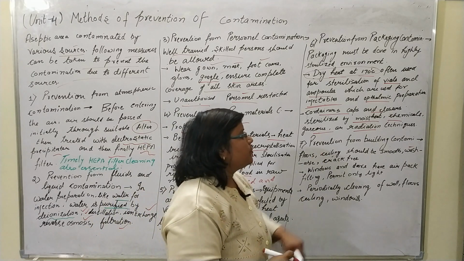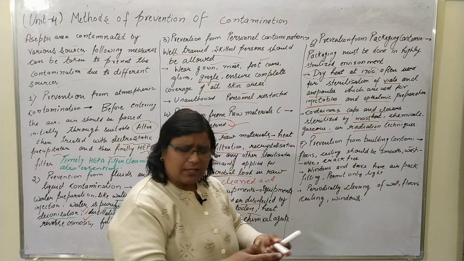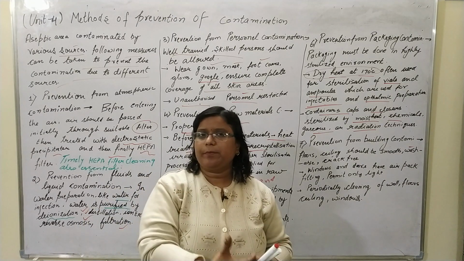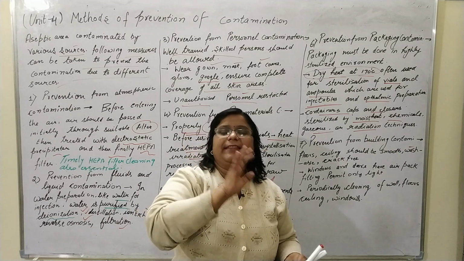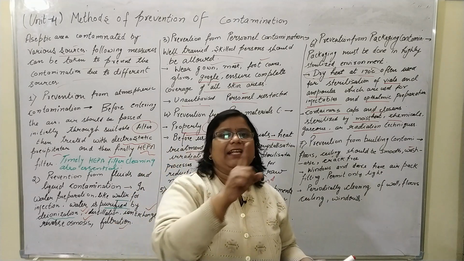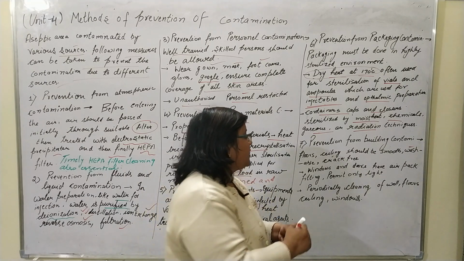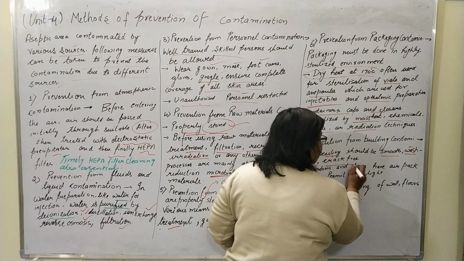Now the seventh point is prevention from building contamination. What are the premises in which we are doing aseptic preparations, production, manufacturing or packaging? The floor, ceiling and walls should be smooth, easily washable and crack free.